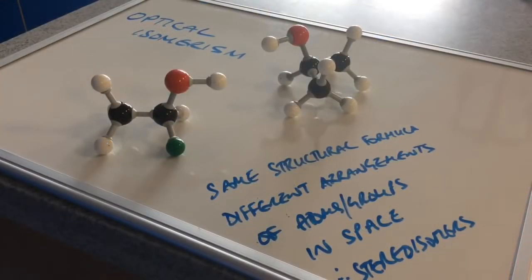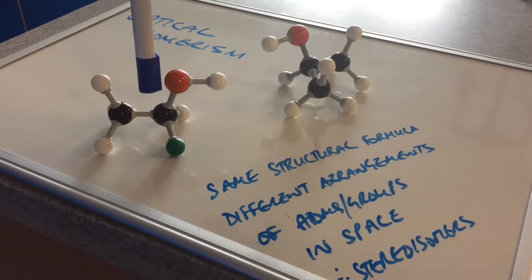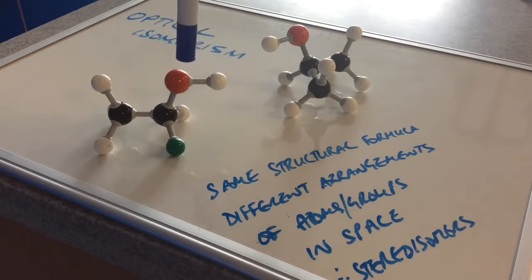On the right hand side there, I've made the propan-2-ol molecule back up there, and we're just going to quickly explain, well, what is it about this molecule here that means it can show this type of isomerism, whereas this one couldn't. And it's all about this carbon here. So what we've got in this molecule is 4 different groups attached to this carbon. We've got the OH group, the halogen, a hydrogen, and a CH3 group.